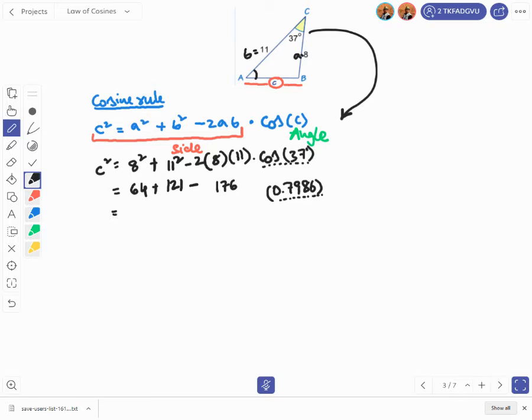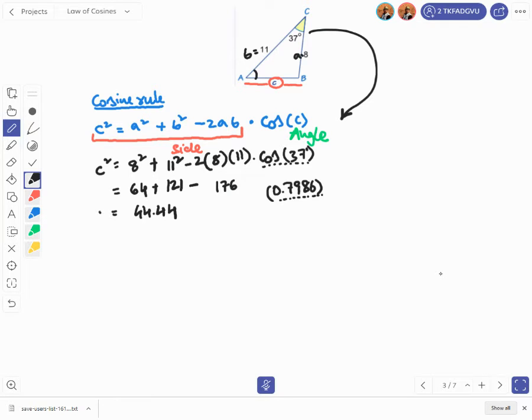Now let me make use of the calculator. 64 plus 121 subtract 176 times 0.7986. The result is 44.44.